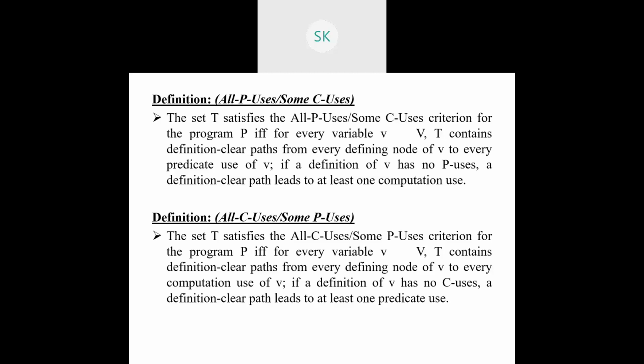If all computational uses are addressed, then it's okay, you can leave. Otherwise, ensure that at least one of the predicates is covered. A predicate always has two different paths, so if you have at least one path, you can take that path. That is what they are saying with respect to all C uses for some P uses.